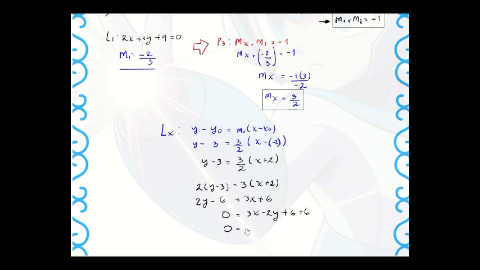So here is 0 equals 3x minus 2y plus 12. And that's the equation of Lx. And that's what we were looking for before. And that's all, my dear students. That's what we need in this case.